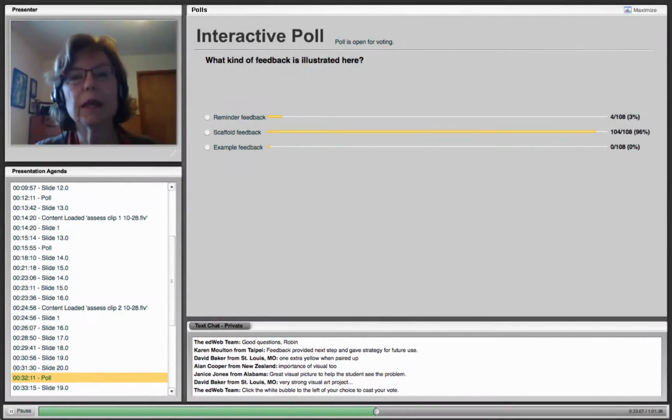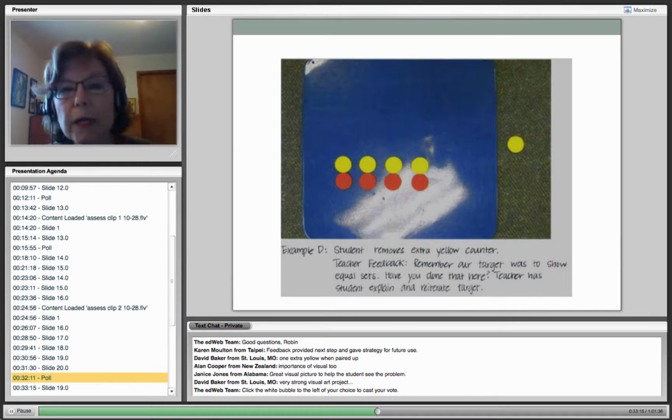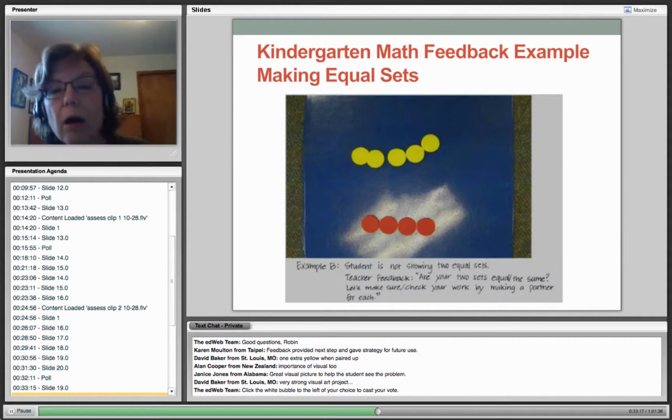All right. Yes, indeed. That is a good example of scaffolded feedback. When the teacher, back to here, when she said, are your 2 sets equal? That was a question that scaffolded student thinking. She didn't say, okay, draw some lines, connect them, because the prior thing that the student needed to understand, that drawing lines and connecting them or lining them up was actually checking to see if the 2 sets were equal.